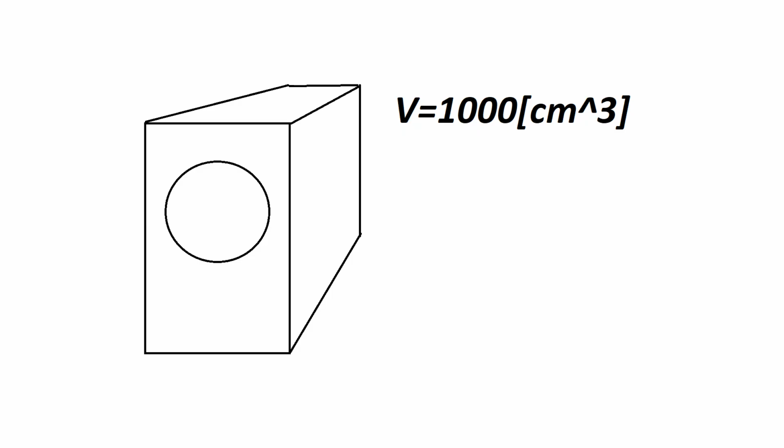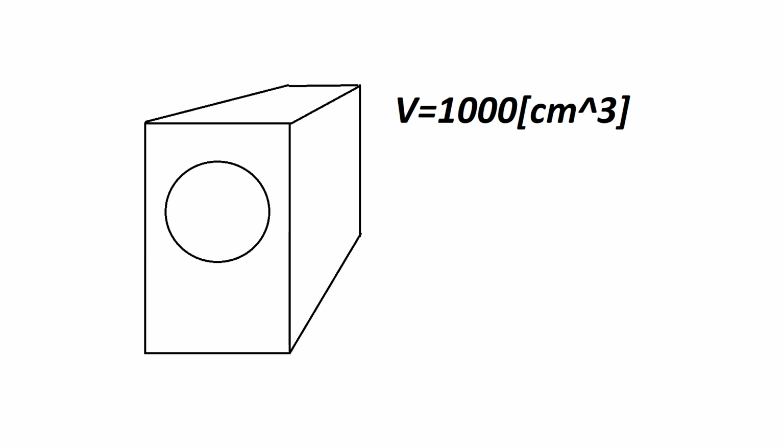Let's say the volume of the box specified by the driver vendor is 1000 cubic centimeters. Then you should find the box dimensions, the size in each direction, for this volume. This is the internal volume of the box. So the internal volume is 1000 cubic centimeters.